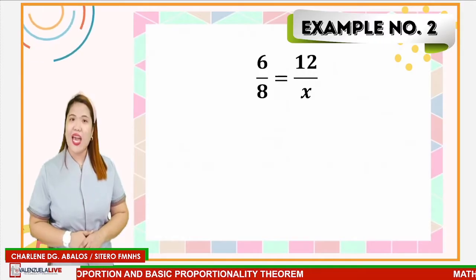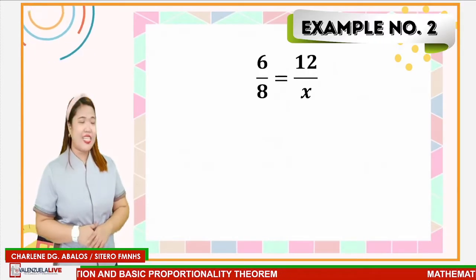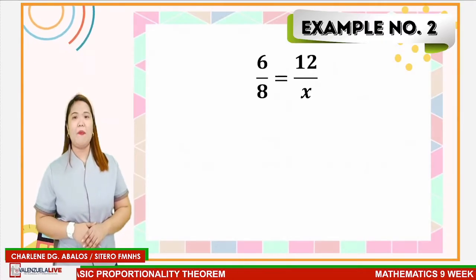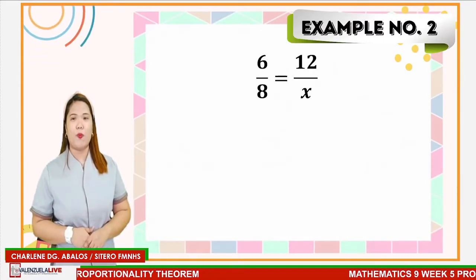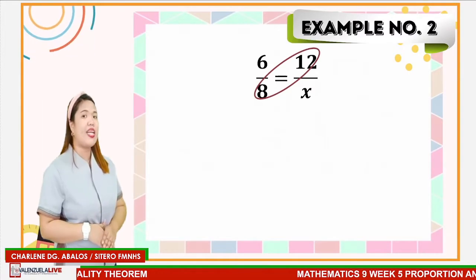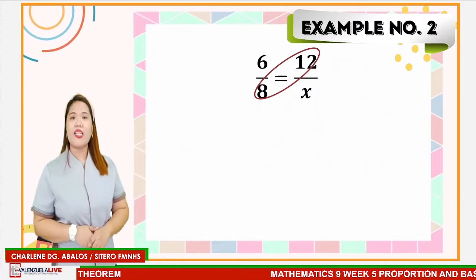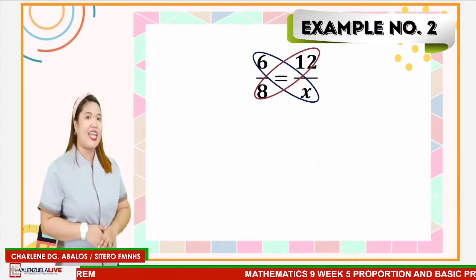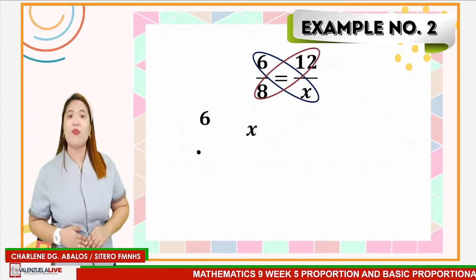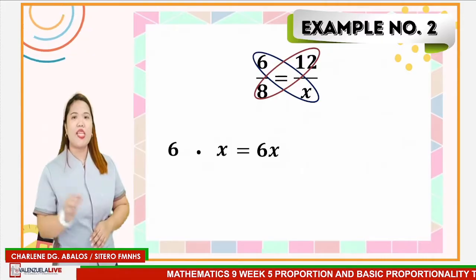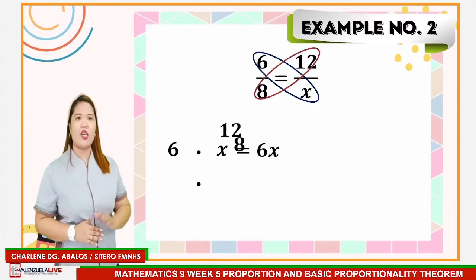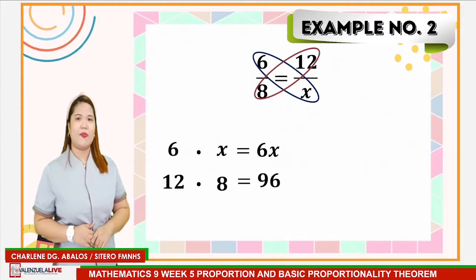Let's try this example. Solve for the value of x in the proportion 6:8 as 12:x. Applying the cross multiplication property, multiply the means, which are 12 and 8, and multiply the extremes, which are 6 and x. So 6 times x is equal to 12 times 8. 6 times x is equal to 6x. Then 12 times 8 is equal to 96.